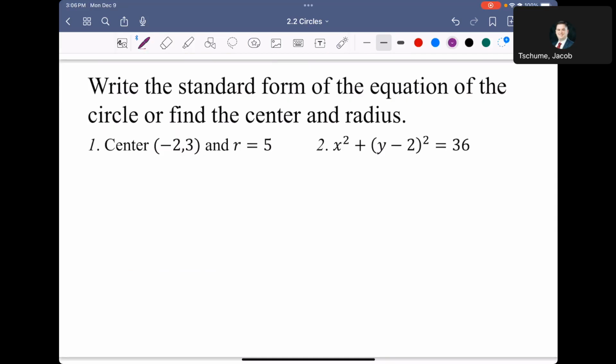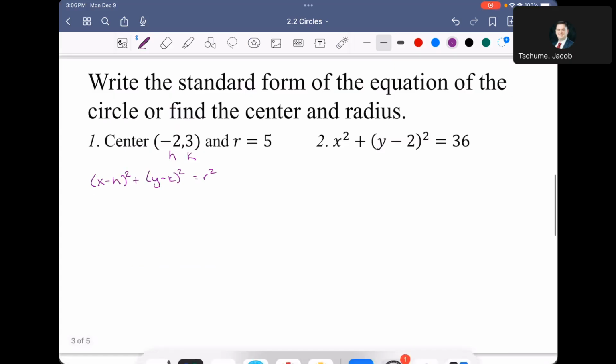So just remember, this center value is what we call h and k, and obviously the r is already labeled for us. And the formula that we are using is (x - h)^2 + (y - k)^2 = r^2.